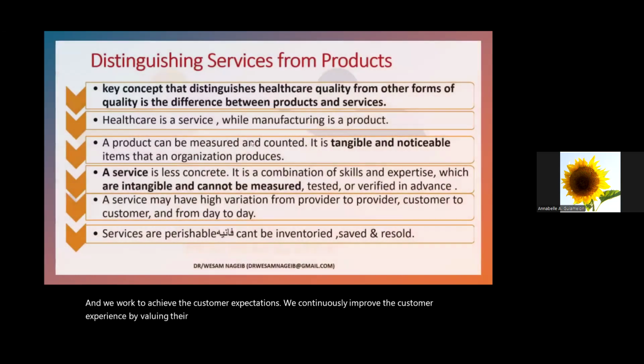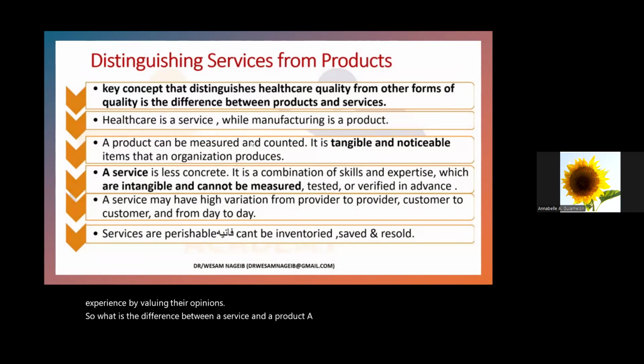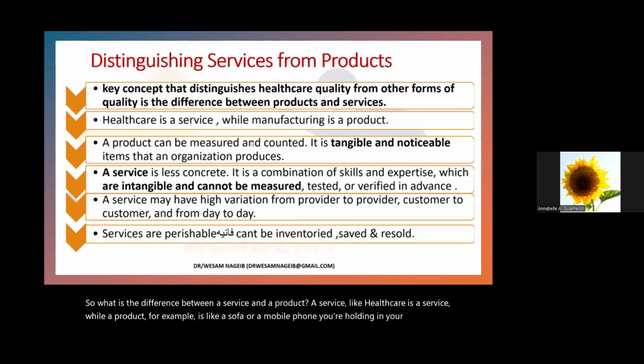So, what is the difference between a service and a product? A service, like healthcare, is a service, while a product, for example, is like a sofa or a mobile phone you're holding in your hand. What is the difference between these two? Healthcare is considered a service, whereas a screwdriver or any manufactured item is a product. A product is something you can measure, weigh, count, and quantify.